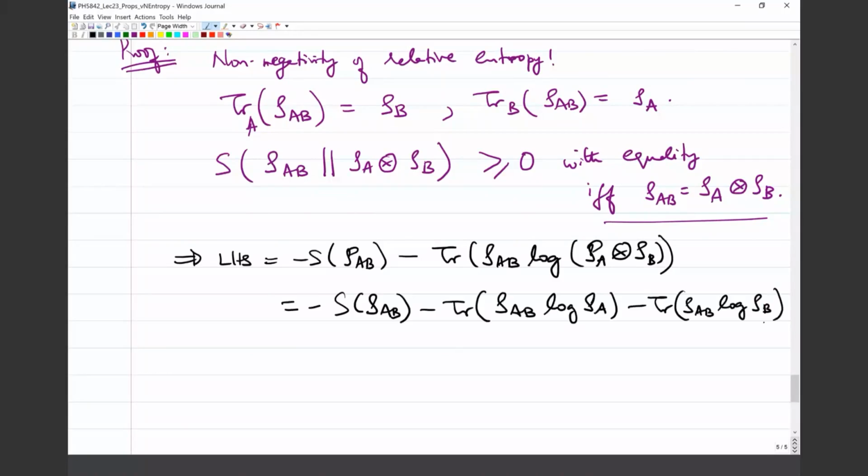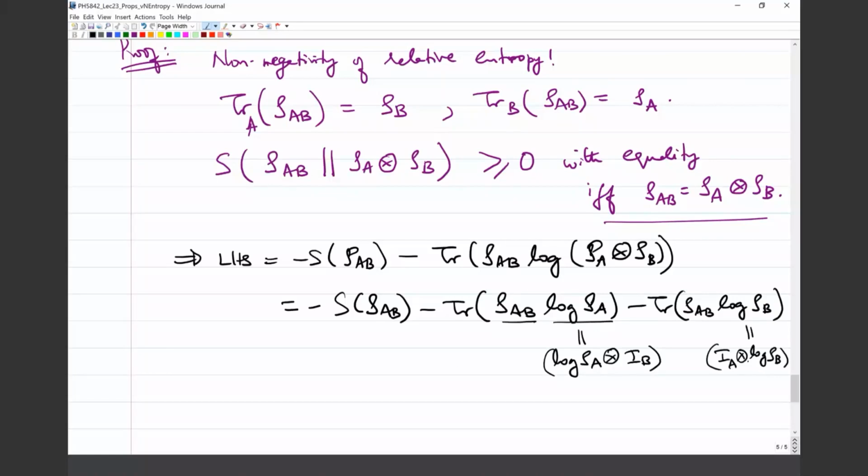This is a bipartite state on A and B. This is just log rho A. What does this mean? It means log rho A is the operator on subsystem A, tensor identity in B, and this means it is identity in subsystem A, tensor log rho B in subsystem B.